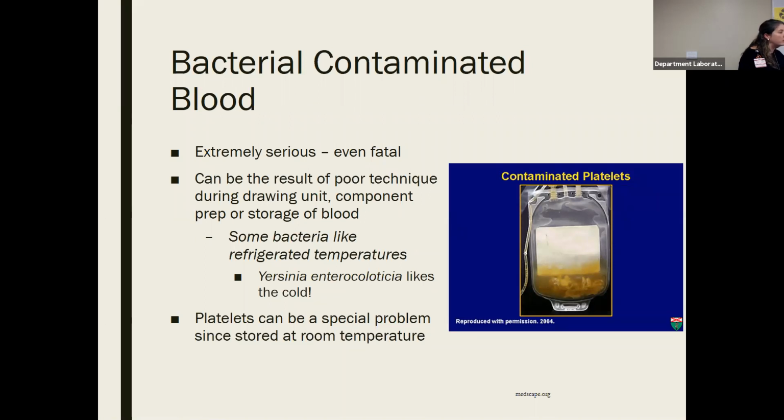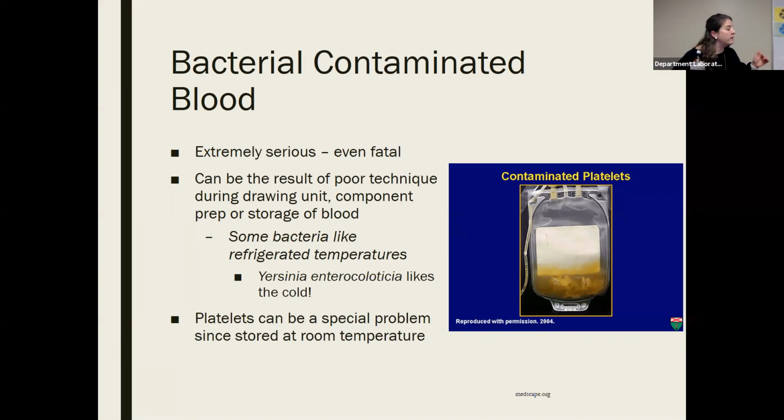Okay, so I'm gonna tell you some clues and it's up to you. You have the authority. If this unit looks funny to you, maybe it's very turbid, maybe it has little micro clumps in it, anything like that, you can discard that unit, all right? Say that I do not want to give that to any patient, right? You have that capability, you have that authority, okay? So that's why visible check is so important as well.